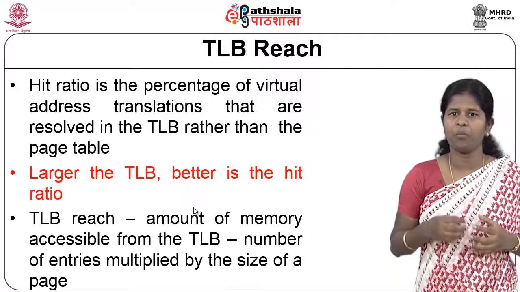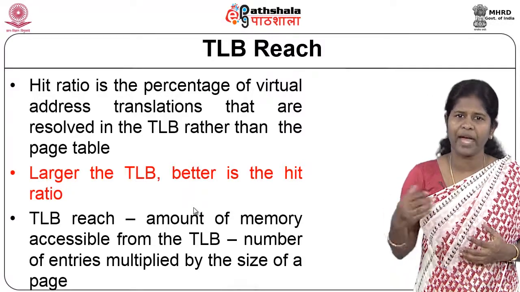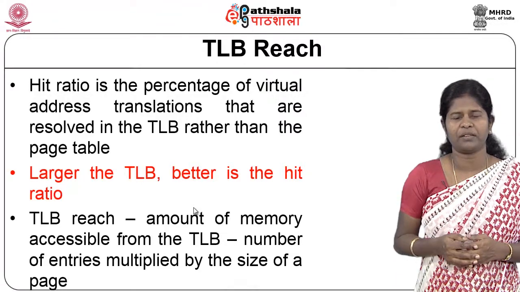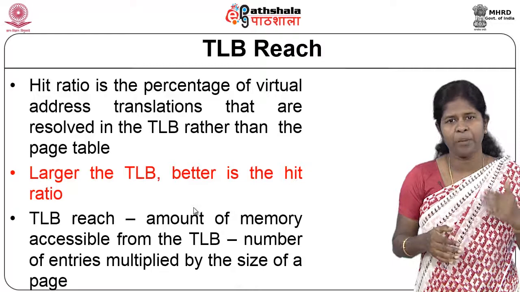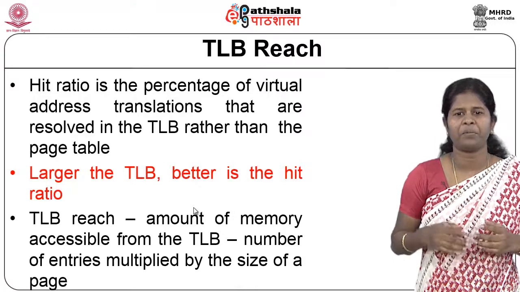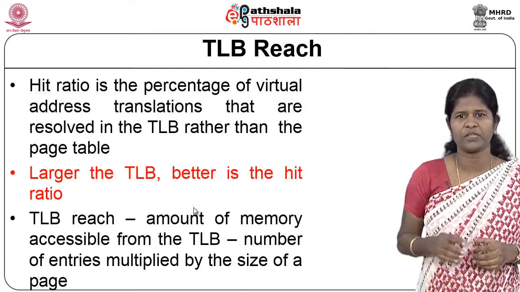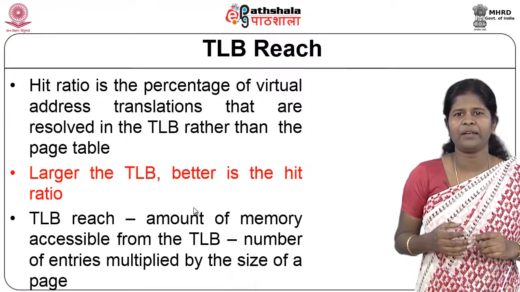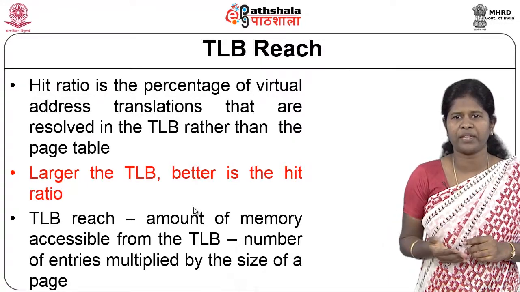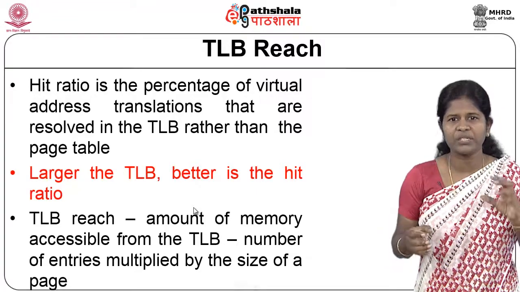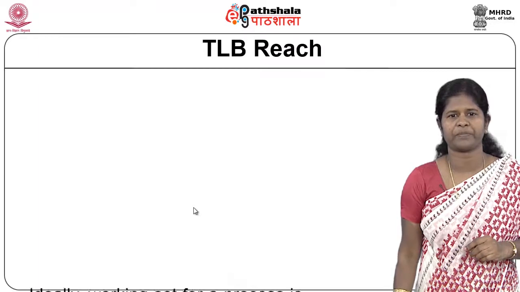That is the amount of memory that can be accessed by looking into the TLB. So, that is nothing but the number of entries in the TLB multiplied by the size of a page. So, if you have 5 entries and each page is 1 KB, then you can access 5 KB of memory using the entries in the TLB.